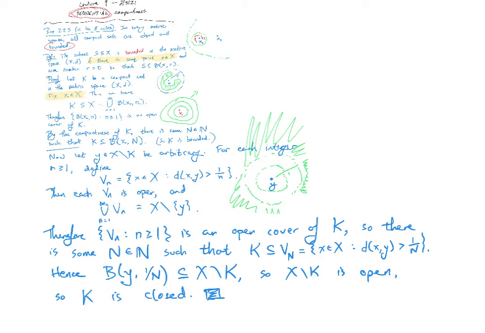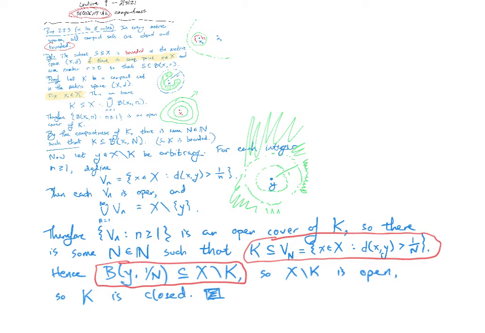Okay, any questions? Can you go over the line that K is a subset of Vn, hence the ball is in the complement? Could you maybe point that out on the picture? So this, and then hence that, right there? Yes. Right.